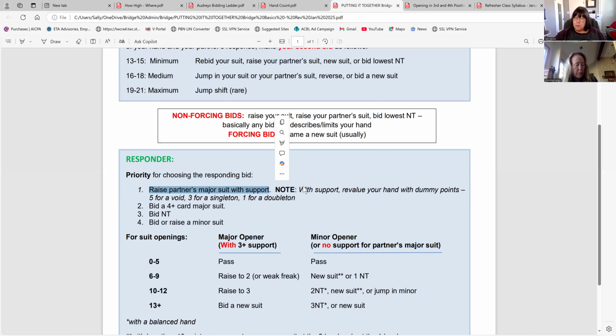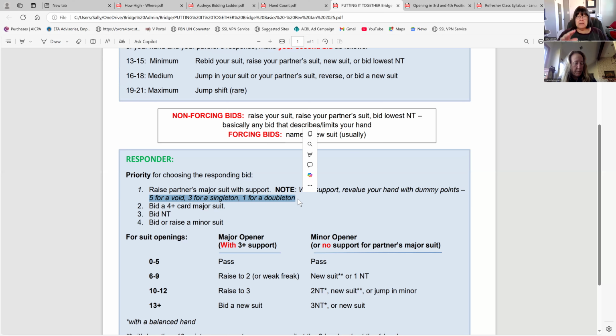If we have support for partner's suit, we need to revalue our hand. Revalue the hand using dummy or shortness points. So the dummy points are 5 for a void, 3 for a singleton, and 1 for a doubleton. So you take off the length points that you gave yourself originally when you were looking at your hand. And now you revalue your hand.